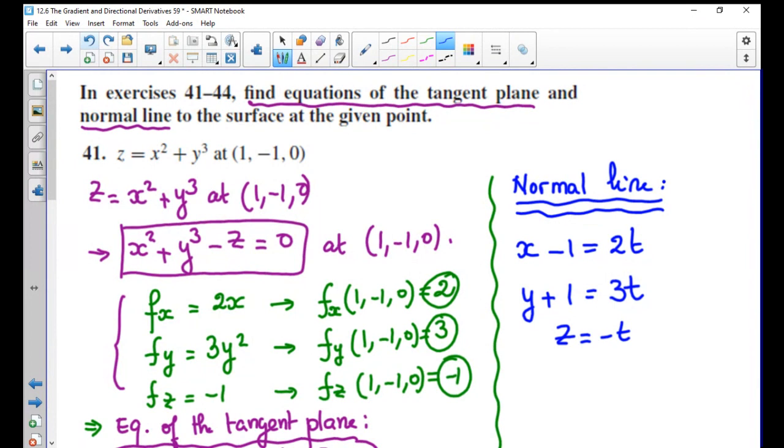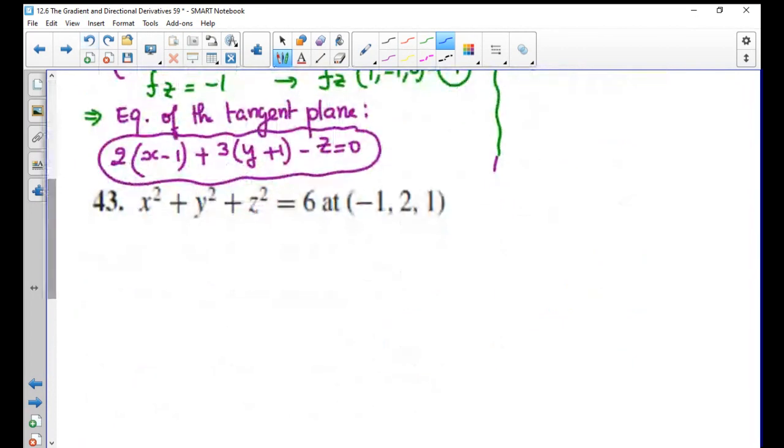Okay, so that is this section. The next question, by the way, 43, is very similar to this one. You can try it. It's really good practice for you to do these questions. I understand these sections that we are doing at the moment are quite heavy.